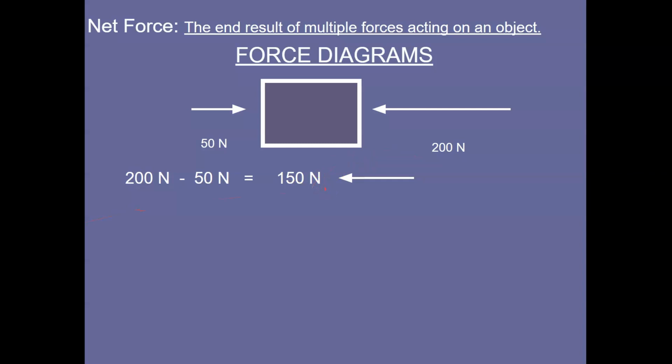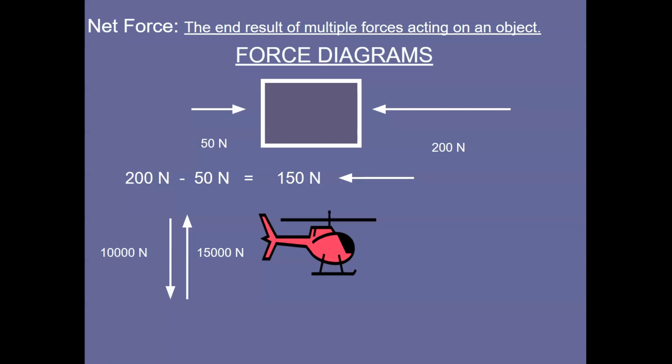So another example here would be a helicopter. The helicopter is going to be moving up with 15,000 newtons of force, and of course opposing that would be gravity pulling down on the helicopter with 10,000 newtons of force. So in this particular case, we need to figure out how much force is left over and in which direction this helicopter would be moving. Seems a little obvious that they want to be going up.